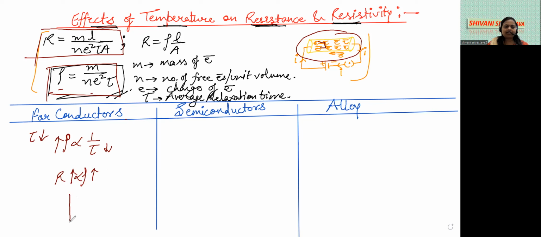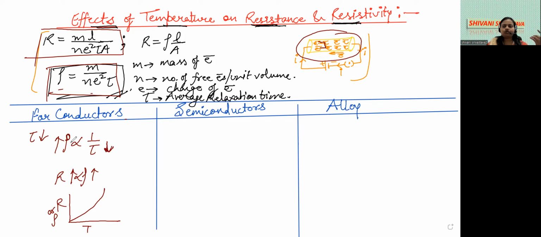So what will be the graph between temperature and resistance, or you can say resistivity also? This will be the graph. So for the conductor, when temperature increases, the relaxation time will decrease and resistivity will increase.